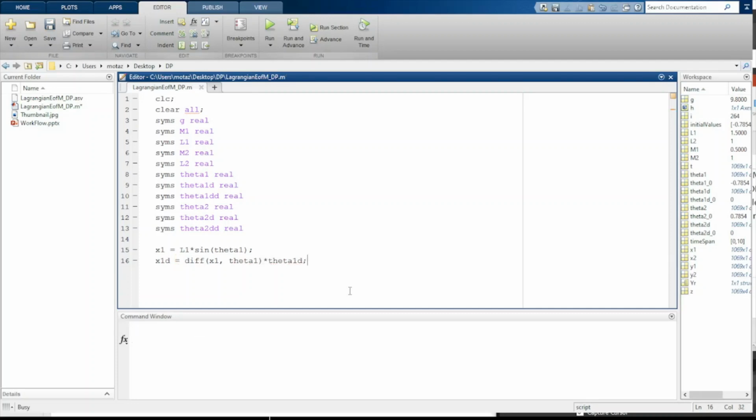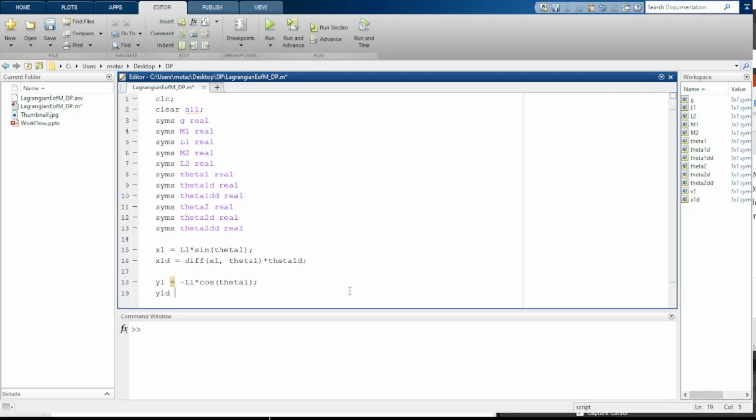We can run that. Everything looks good. Now we need y1, which is going to be negative L1 times the cosine of theta 1, and y1 dot equals the derivative of y1 with respect to theta 1 times theta 1 dot, because we need to use the chain rule, since theta is a function of time.